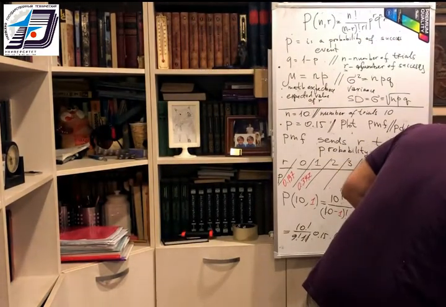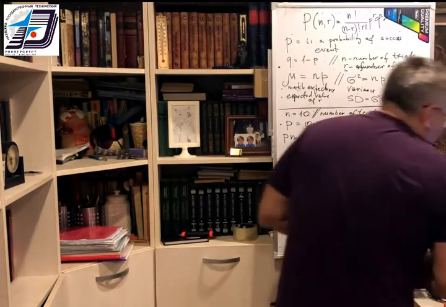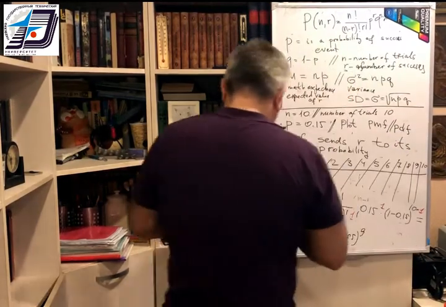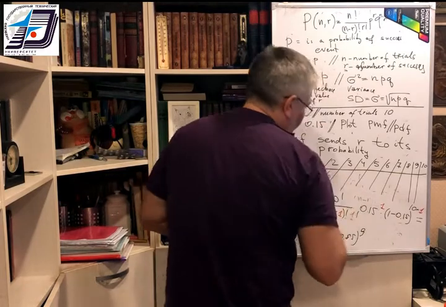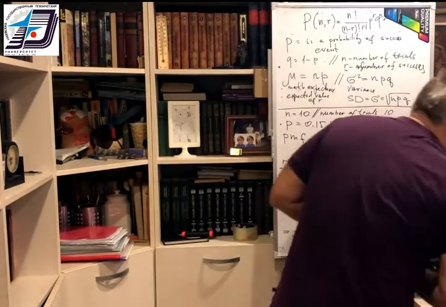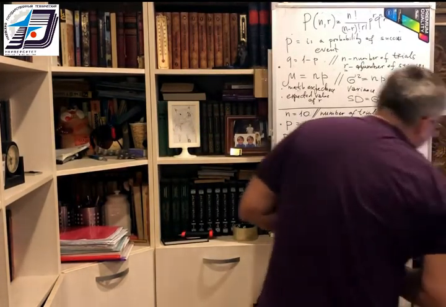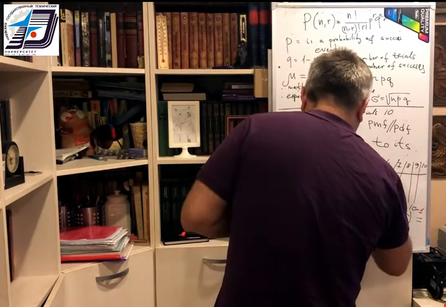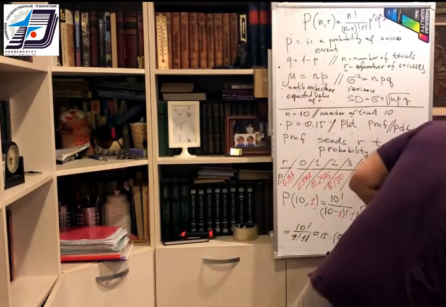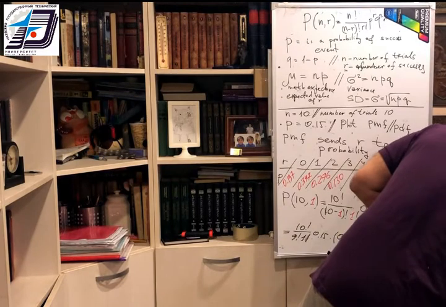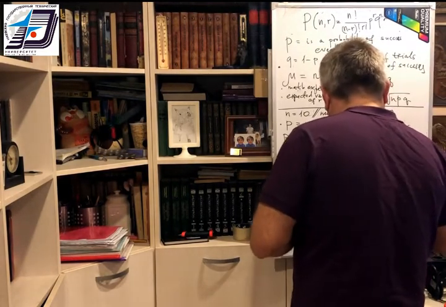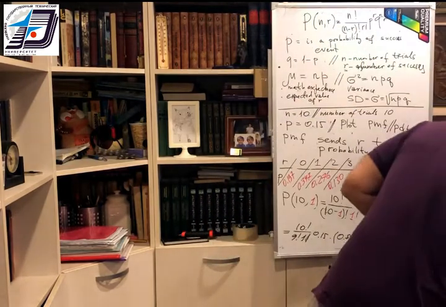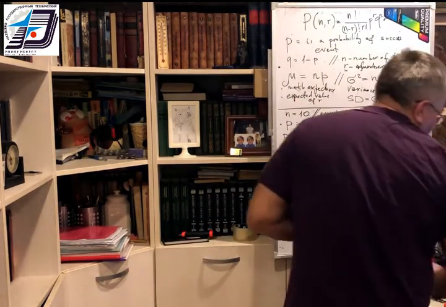I want to write them down here: 0.276, 0.13, 0.040.